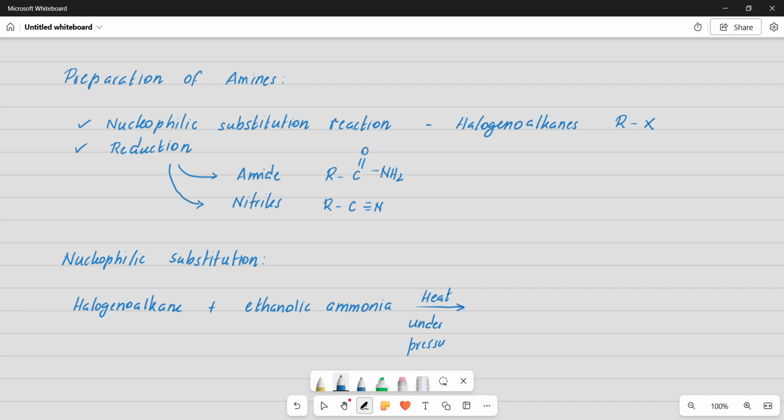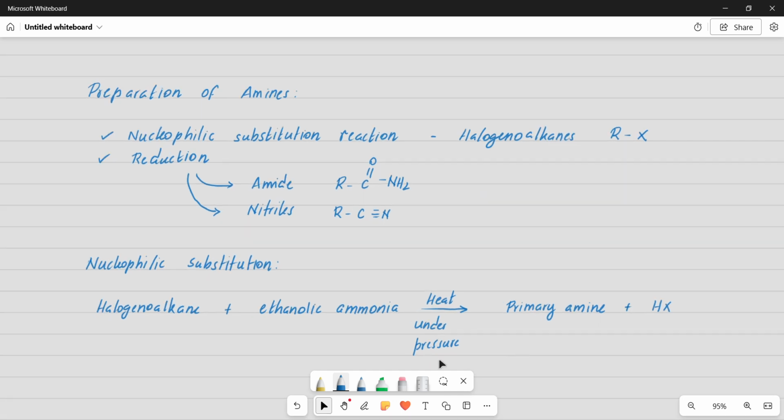So this is the reaction condition, which will give you a primary amine and a hydrogen halide.